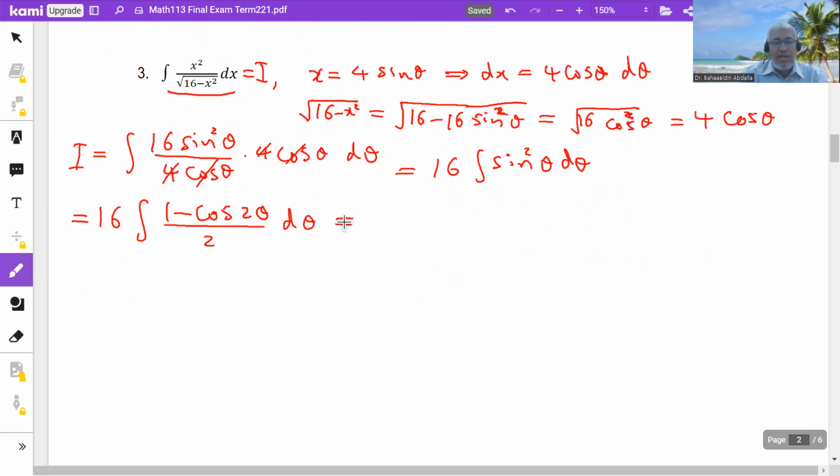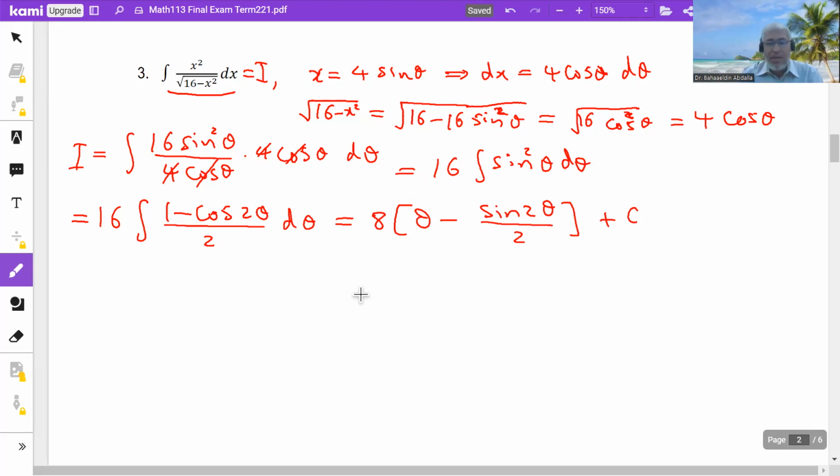I can take this 2 outside, so I'll have 16 over 2, which is 8. And then the integral of 1 is theta, and the integral of cosine is sine, but I'll have to divide by the derivative of 2 theta, which is 2, plus c. So that's the answer.